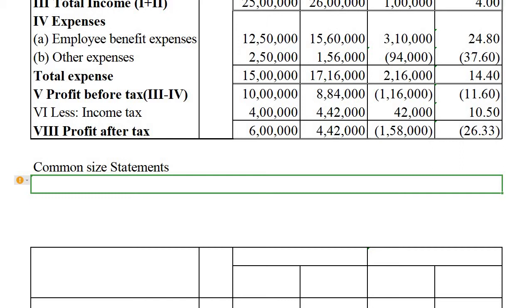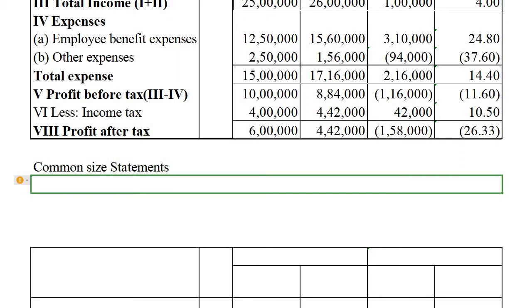It is a vertical form of analysis done for intra-firm comparison, that means comparison of the financial performance of one business organization, not between two different organizations.